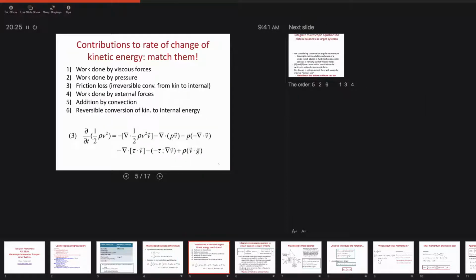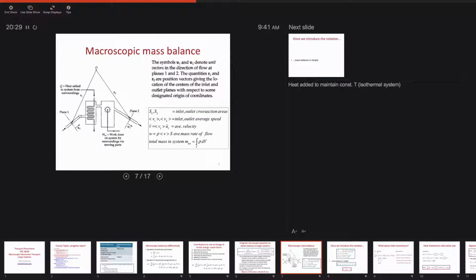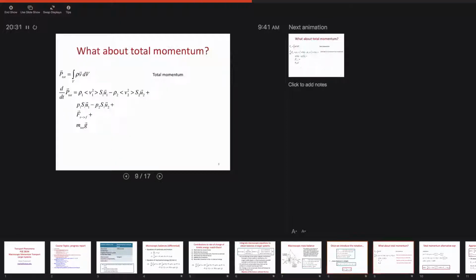And in this case, since most of the surfaces are closed other than inlet and outlet, then the only place for things to go in and out, or my boundaries essentially that are open to the flow, is here. So I have my average of V1 squared S1 u1 minus, the only thing is that I have V2 squared here. Then I have the pressure term.